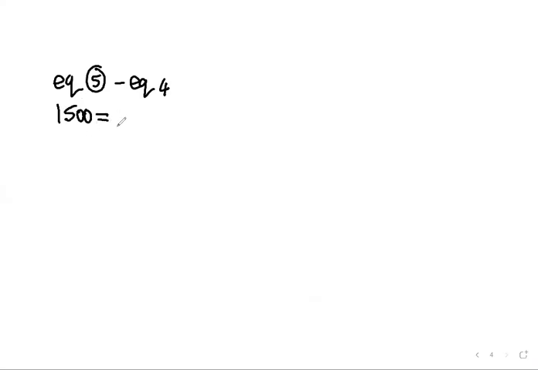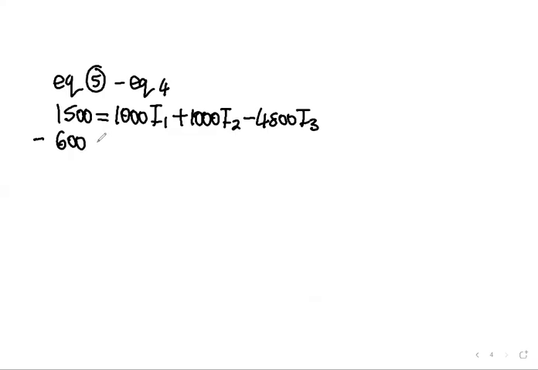It's equal to 1000 I1 plus 1000 I2 minus 4500 I3, and then we're going to subtract our equation number 4, which in this case is 600 is equal to 1000 I1 minus 200 I2 plus 2000 I3. So remember, here we are basically subtracting, right?